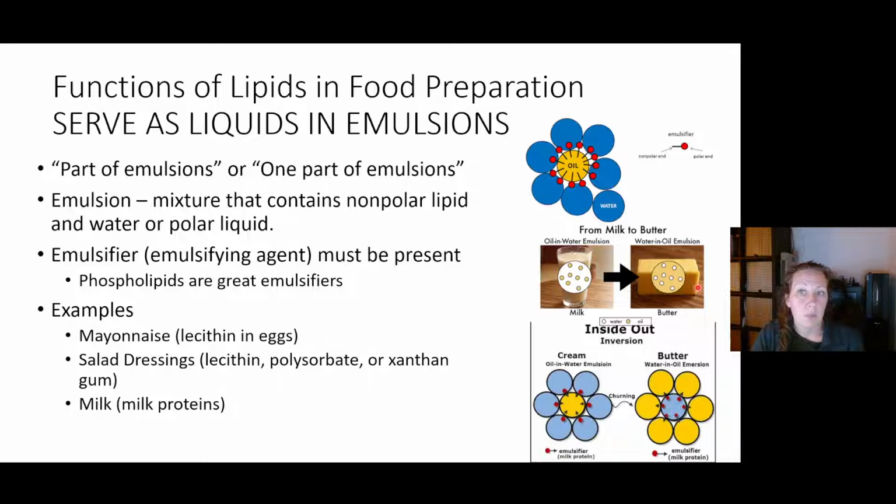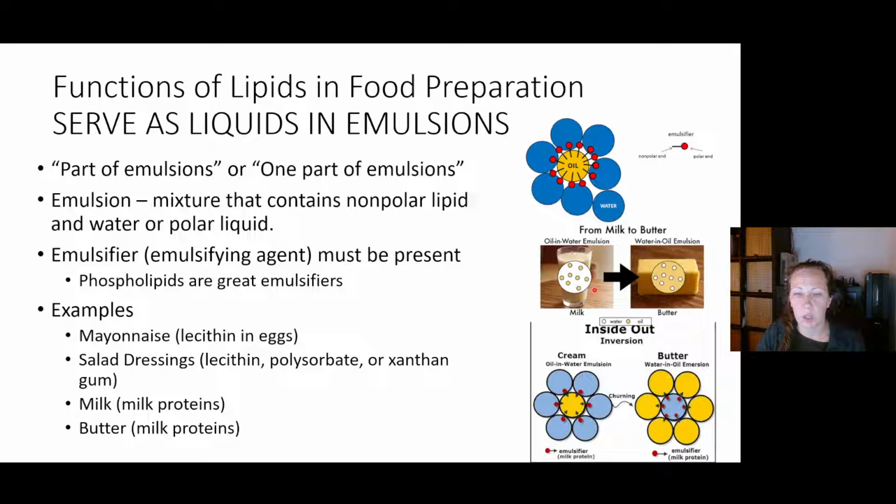Milk is an emulsified product. All right, just milk that you get from the grocery store. And butter is also an emulsion. Now, both of these have milk proteins as their emulsifier. So milk is what we call an oil and water emulsion.